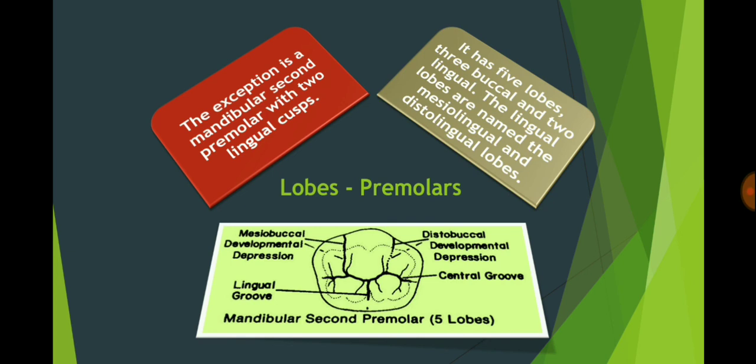So it has 5 lobes, 3 buccal and 2 lingual. The lingual lobes are named the mesiolingual and the distal lingual lobes. Always when there's an exception, you have to make sure you pay attention. All right. Something to memorize.